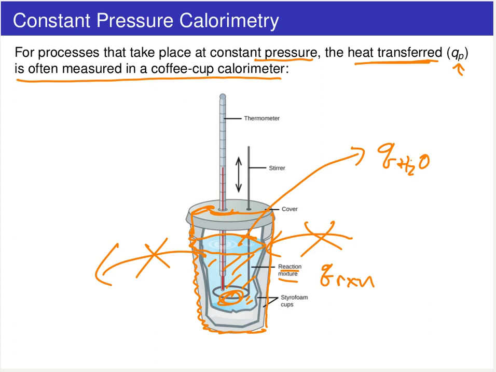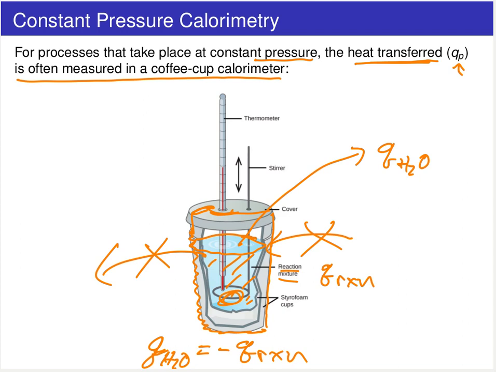Because the water and the reaction are both contained and thermally isolated inside of this calorimeter, we know that the Q for water, all the energy that is transferred to the water or away from the water, is all either coming from or going into the reaction. In other words, the magnitude of Q H2O, the Q of the water, is going to be equal and of opposite sign to Q reaction.